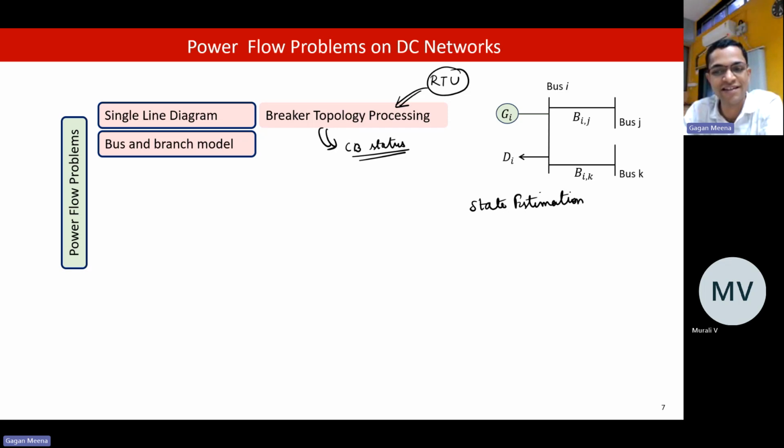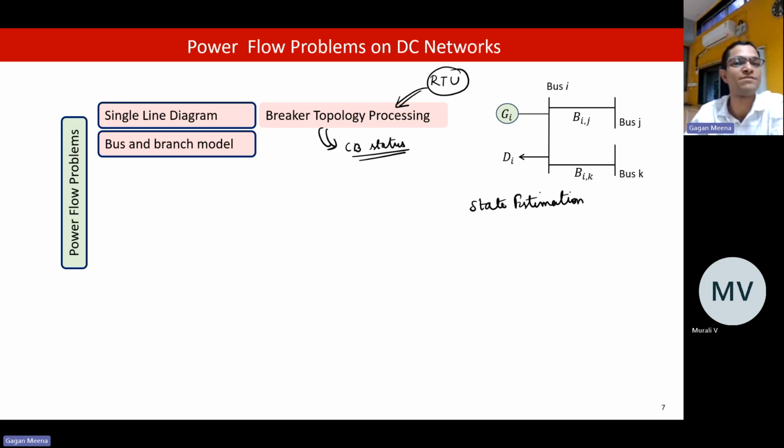It resulted in the innovation of new methods for solving distribution system power flow. That is one of the reasons. Distribution system power flow is a bit different from conventional transmission power flow.